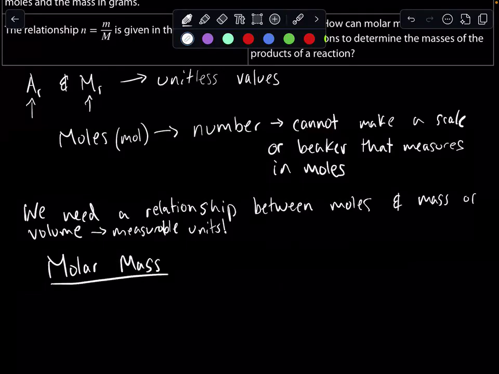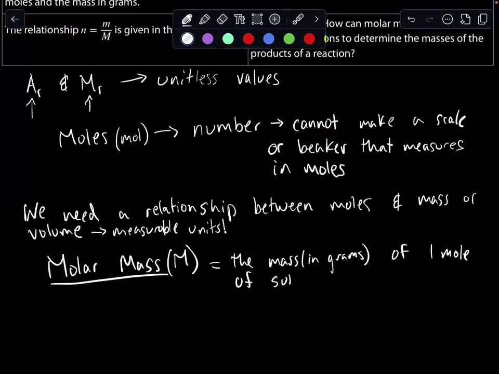Molar mass, we generally refer to it with a big M, is simply the mass in grams of 1 mole of substance.